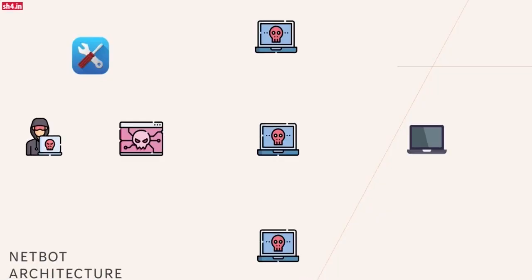Kindly allow me to explain the schematic architecture of NetBot in a simple nutshell. Assuming you are the attacker with the IP address 1.1.1.10. You are looking forward to attack the victim machine on the same network, 1.1.1.20.